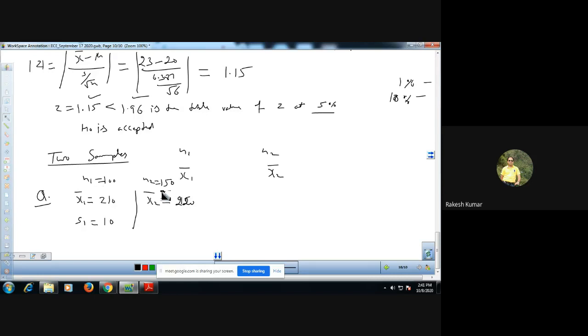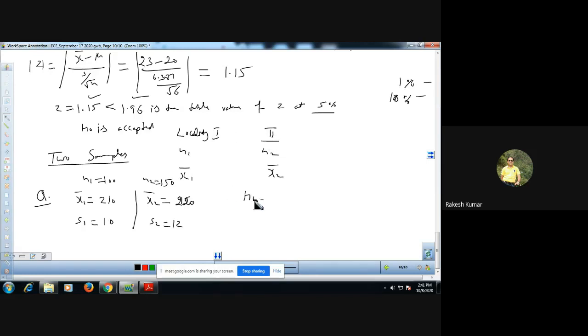So n1 is 100, n2 is 150, s2 is also given, and the standard deviation of the second sample is 12. Now the question they are asking: test whether there is any significant difference between the average incomes of two samples. These two samples are taken from two localities. This is locality 1, and this is locality 2.